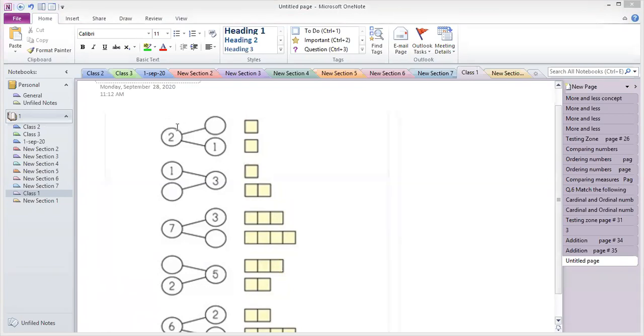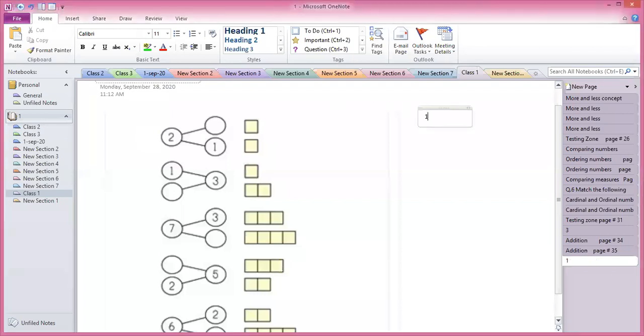Let's suppose the total is 2 cubes. 1 is the first part. In the second part, how many should there be? If I subtract 1 from 2, I get 1. So I know I should place 1 here to complete this number bond.